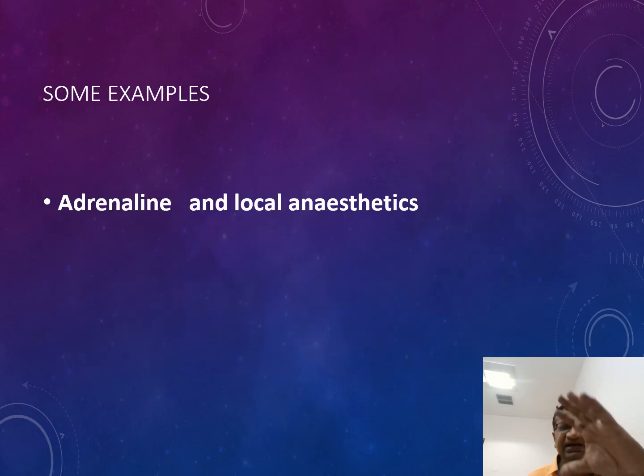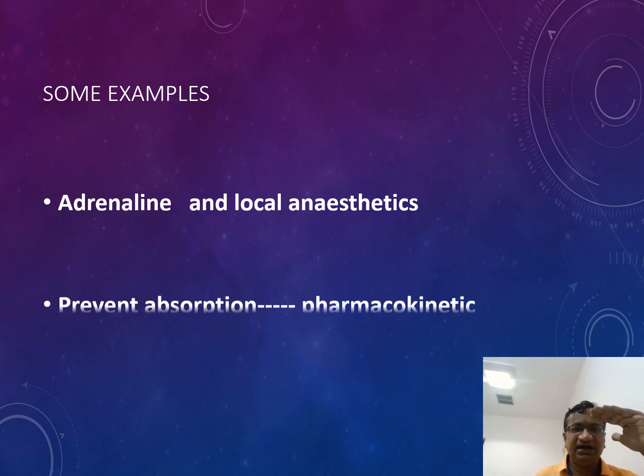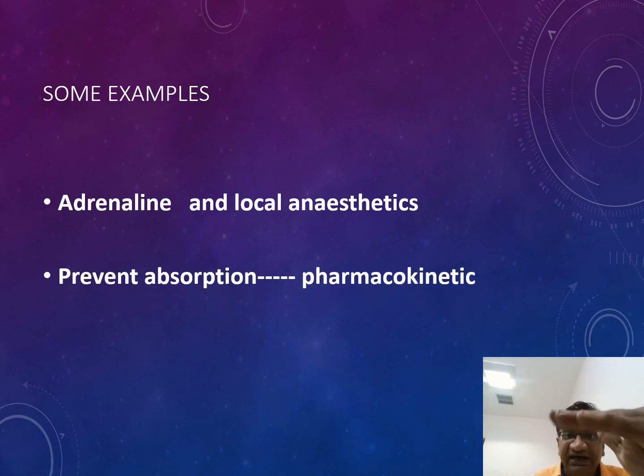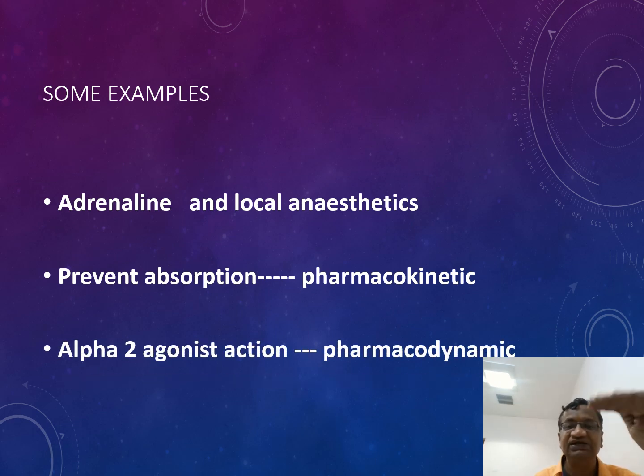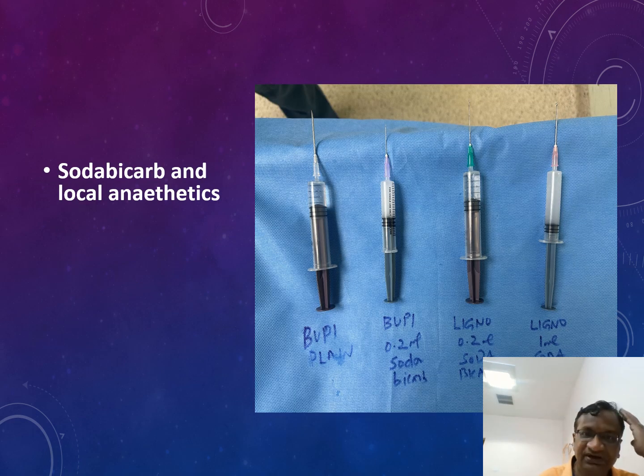Now we go to adrenaline and local anesthetic. Adrenaline will prevent local anesthetic absorption. This is pharmacokinetic. Adrenaline is also an alpha 2 agonist, like clonidine, so there it is pharmacodynamic. Adding adrenaline to local anesthetic involves pharmacokinetic and pharmacodynamic interactions. Now you see, with bupivacaine even one drop will cause precipitation.